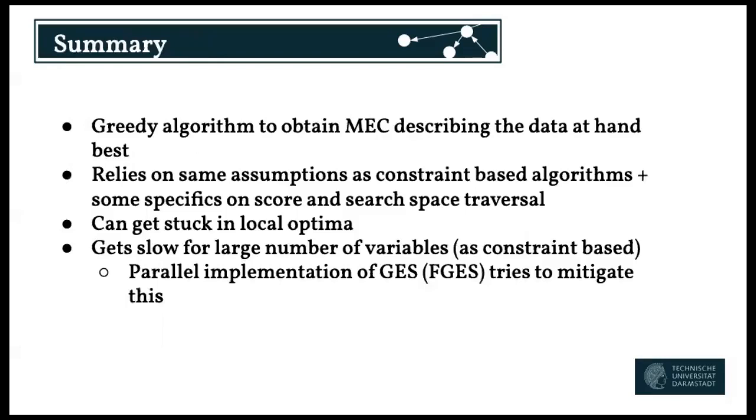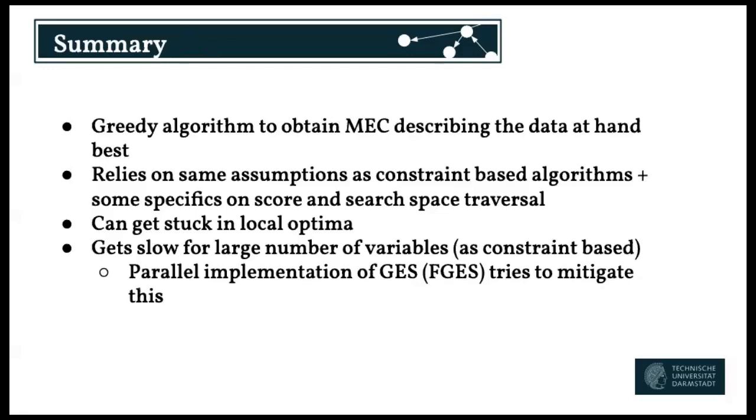Okay, let's have a brief summary on score-based causal discovery. So we've seen that you have to use either a greedy algorithm or make many assumptions in order to make your problem feasible, as the number of DAGs in the search space climbs super-exponentially in the number of variables involved.